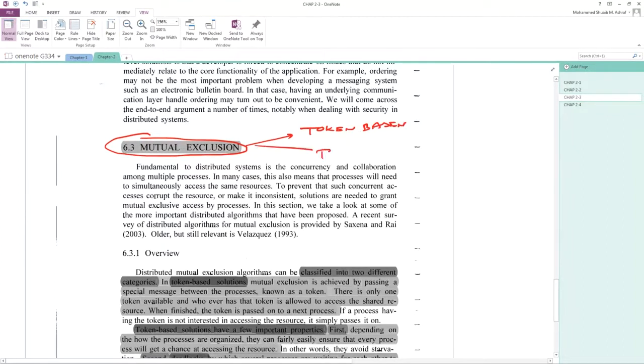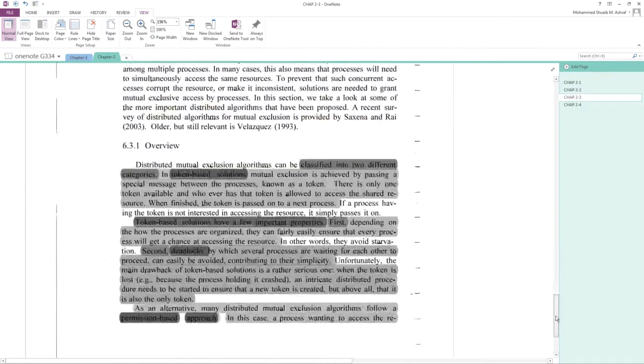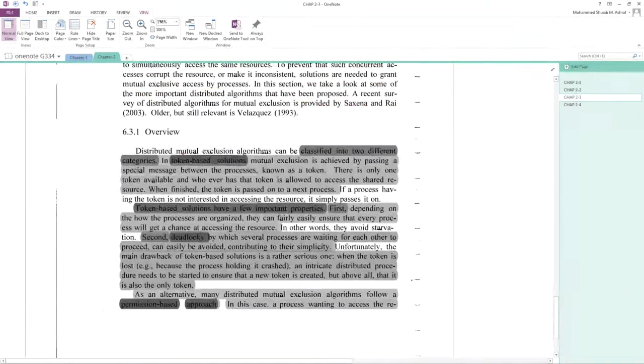Next is permission based. Okay, token based, permission based. So here, mutual exclusion algorithms are classified into two different categories: number one, token based algorithm, and the alternative is permission based algorithm.